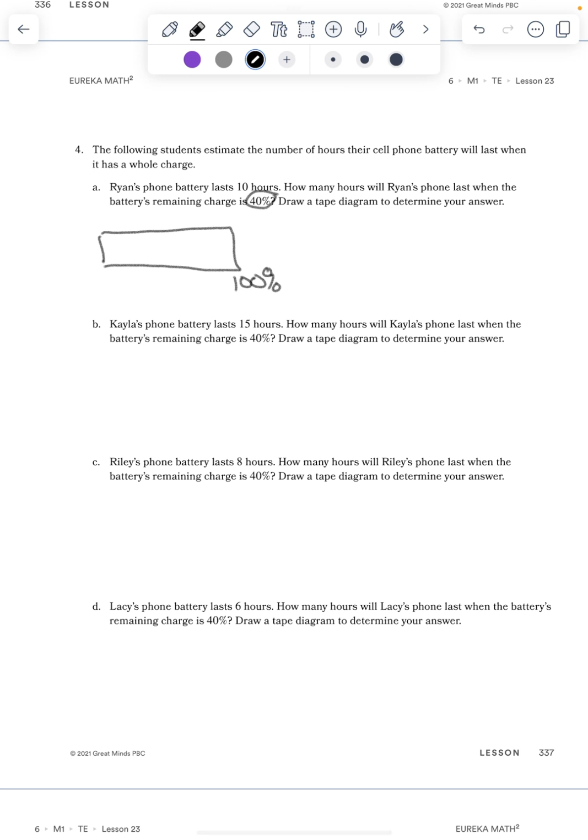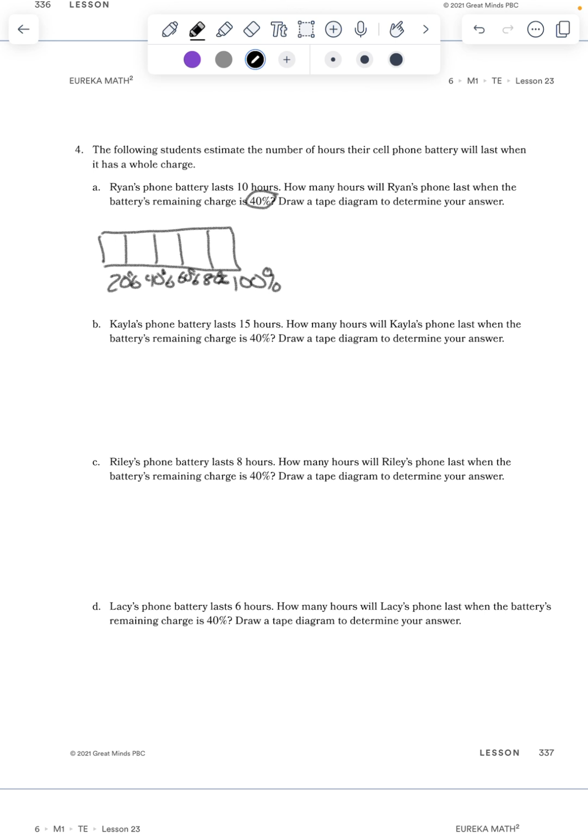So I could split this into 5 equal sections, just like the previous problem. Draw 4 lines, and we end up with 5 equal sections: 20%, 40%, 60%, 80%, and then 100%.